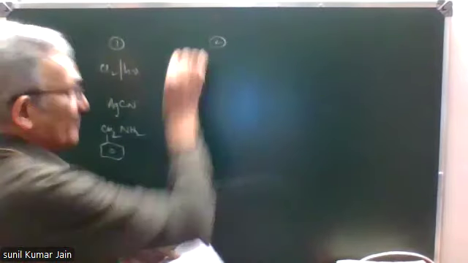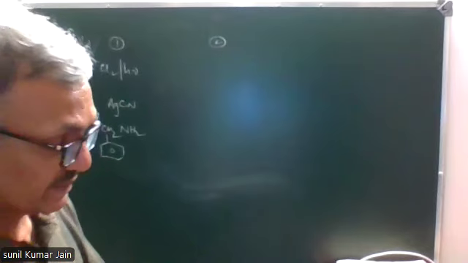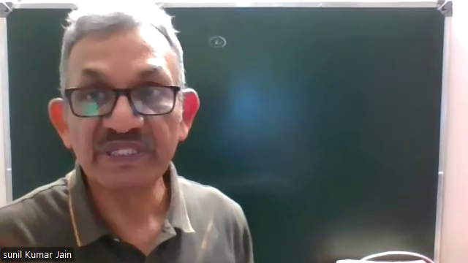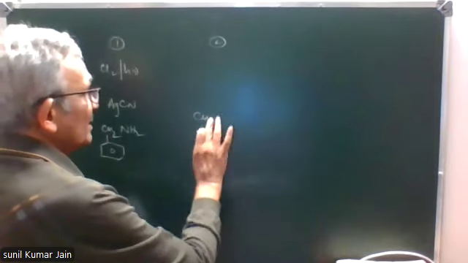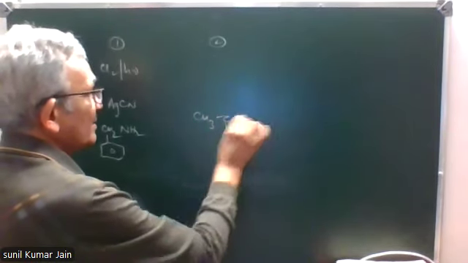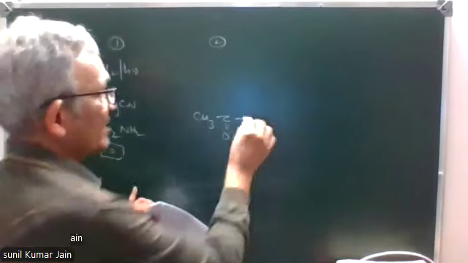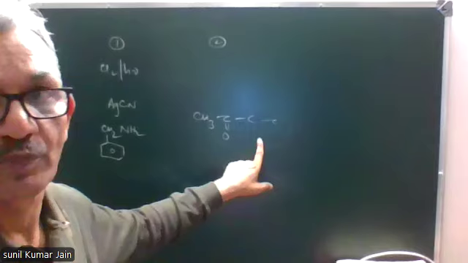Second sequence. If we start from the backward reverse direction, ultimately products are iodoform and sodium propanoate, and B is a ketone. It means B contains this group for the preparation of iodoform, and it has 2 more carbon atoms because this part will change into sodium propanoate.